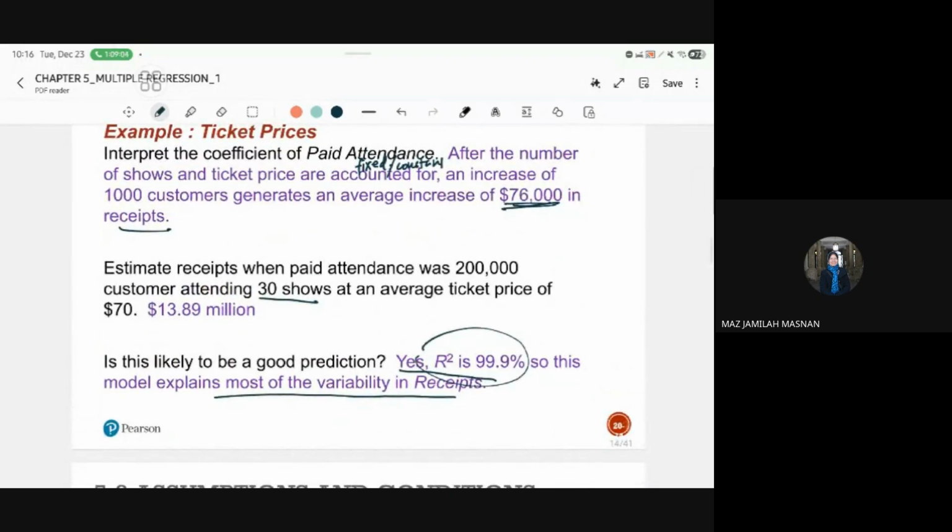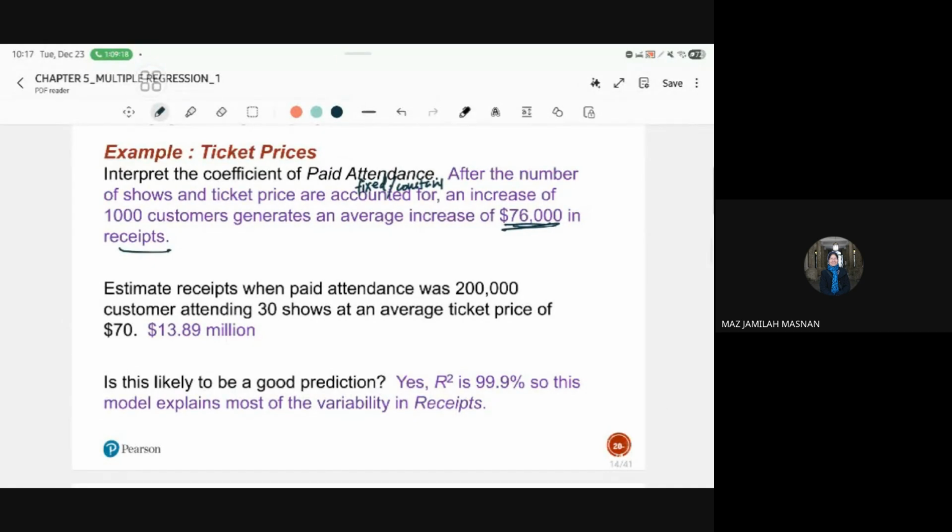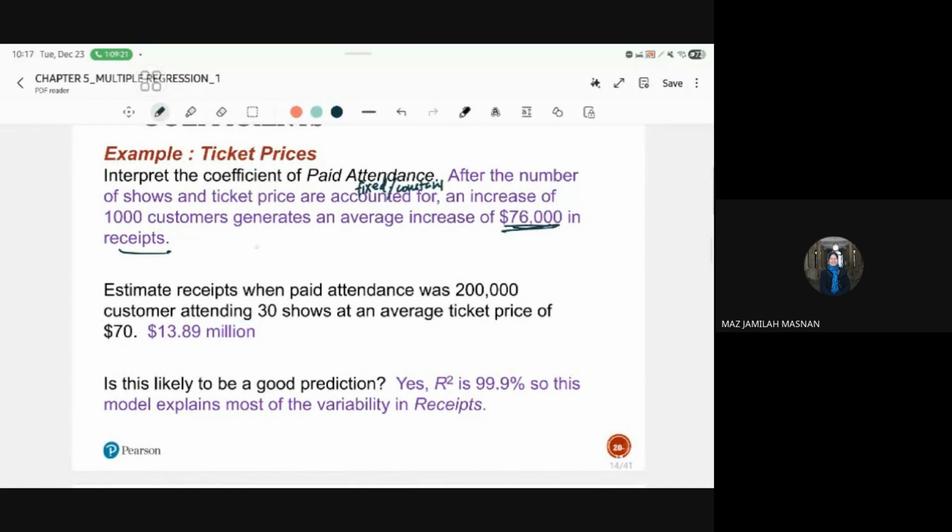For the calculation just now, how do we get 13.89? If we include into the equation, we have receipt equals negative 18.32 plus 0.076 multiplied by 200,000 paid attendance, plus 0.007 times the number of shows, which is 30.